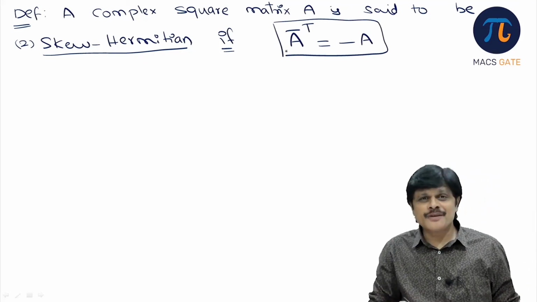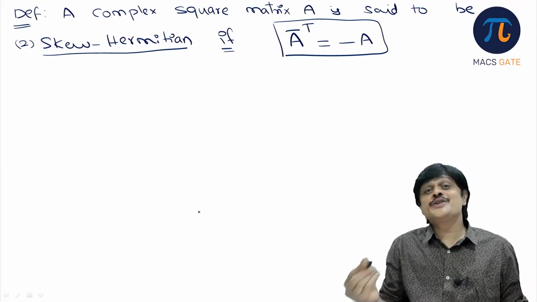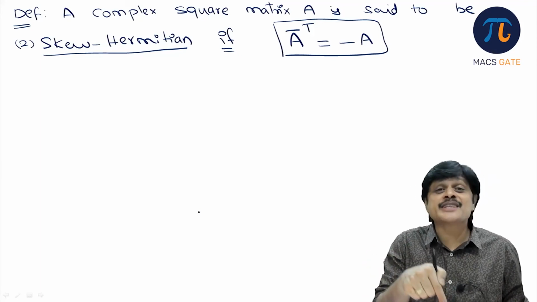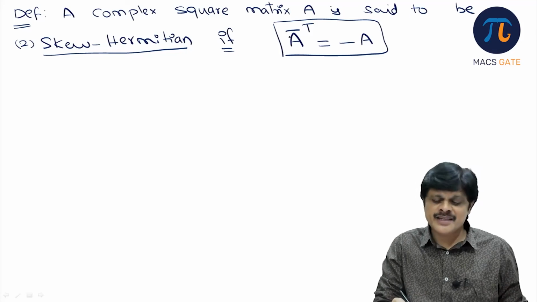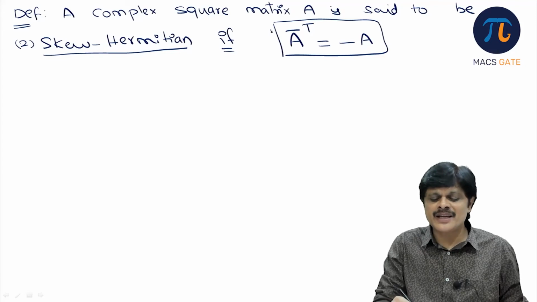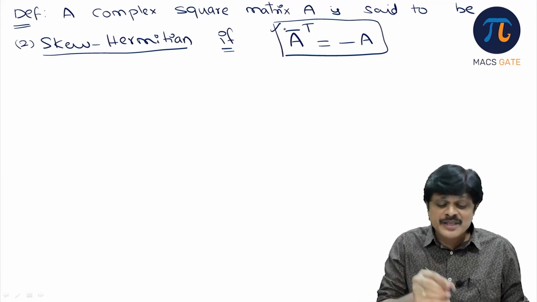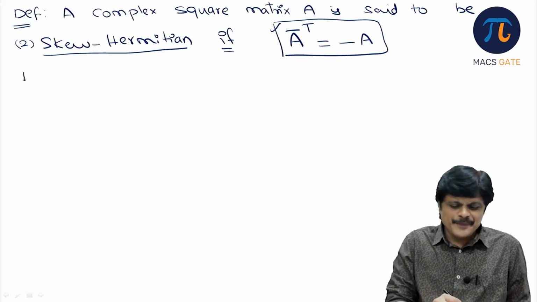And if you observe, this is a general case of the skew symmetric matrix. That is, skew symmetric matrix is a special case of skew Hermitian matrix. Because if A is a real matrix, it simply becomes: the conjugate of A is A, the transpose is A transpose, equal to minus A. Therefore, skew symmetric is a special case of skew Hermitian matrix. Got it? Now the note.